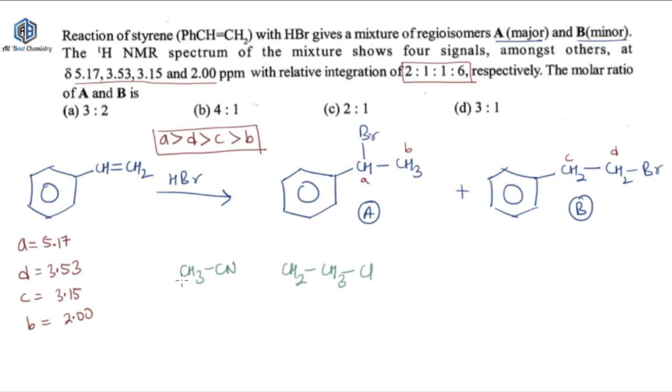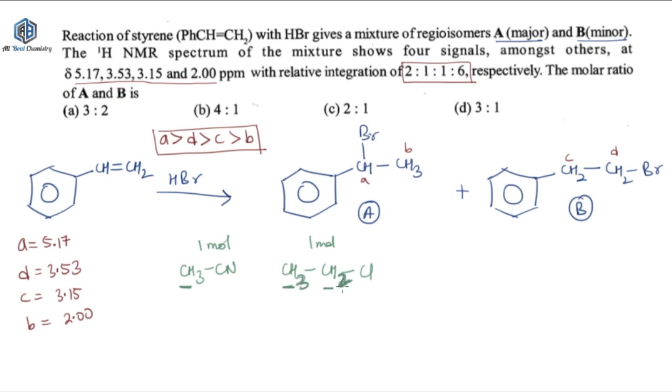If I take 1 mole of this and 1 mole of this, what will be the intensity of these peaks? You will get a peak because of these 3 hydrogens, and a peak because of these 2 hydrogens. Sorry, this should be 3 and this should be 2, right?